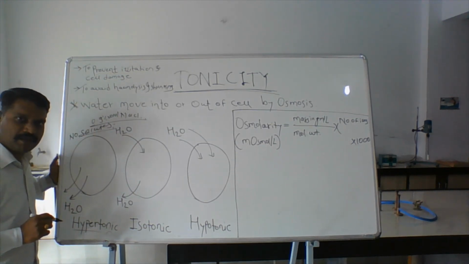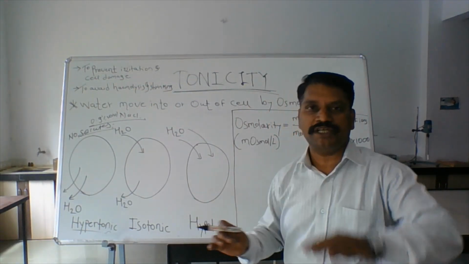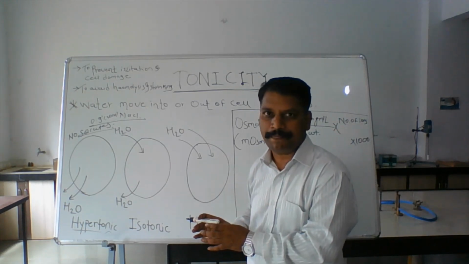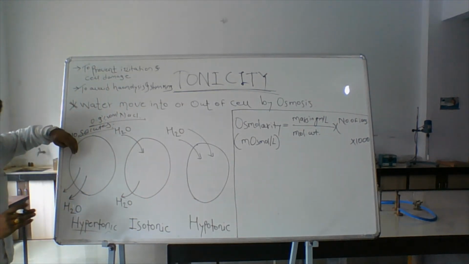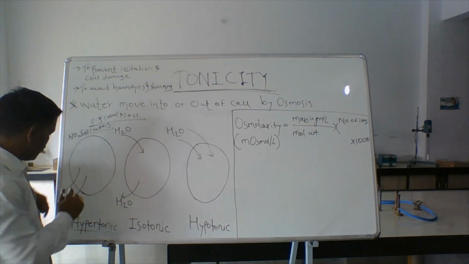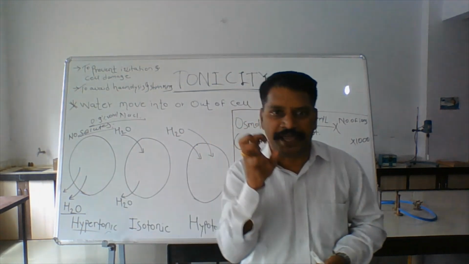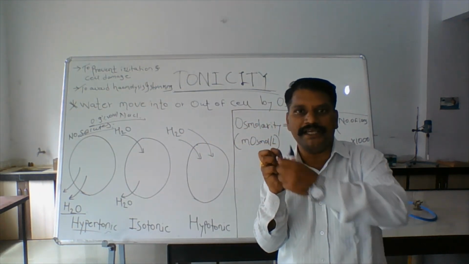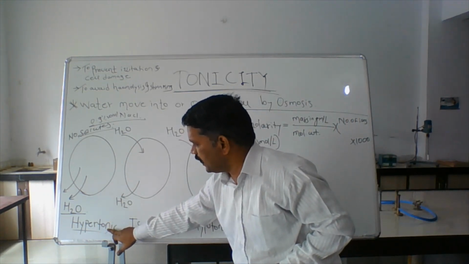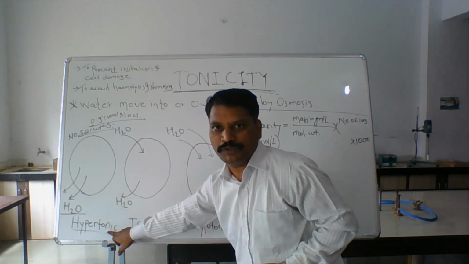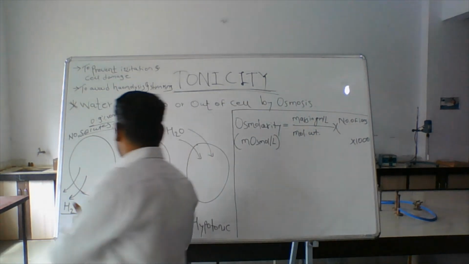Therefore, water moves outside the RBC, and the RBC will shrink because the water has moved outside. So this phenomenon is known as the hypertonic solution. The problem is shrinking. RBC will shrink.